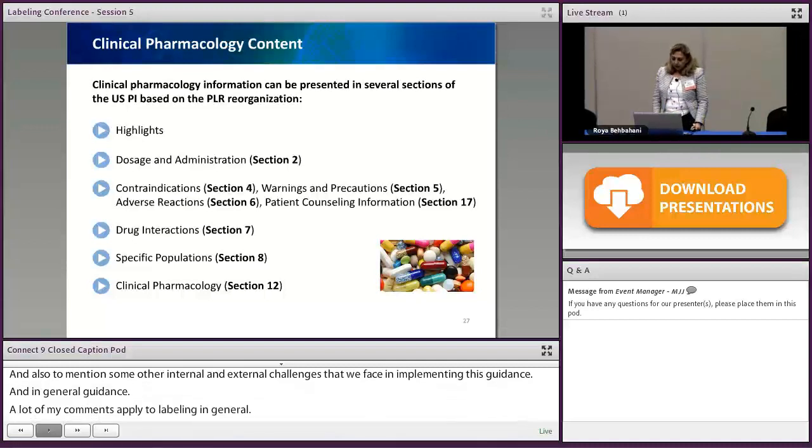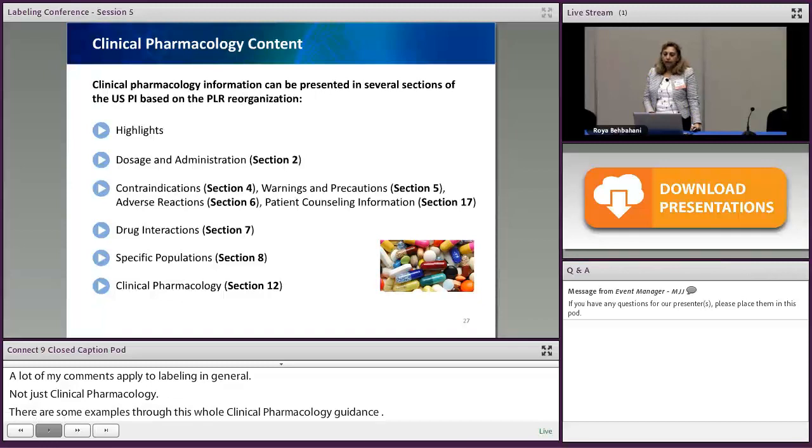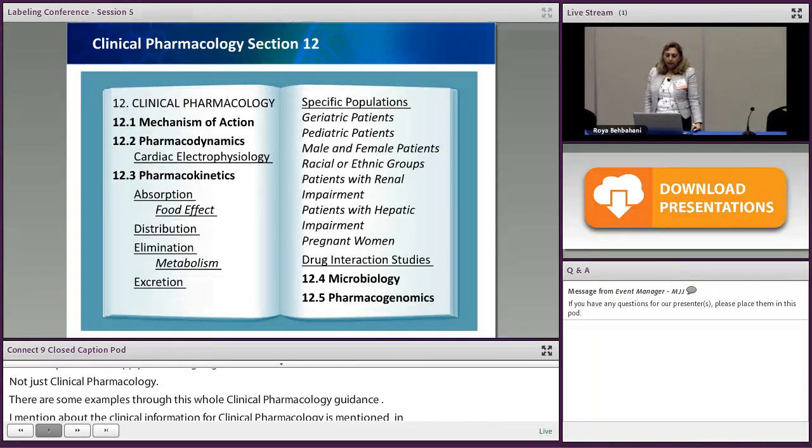So we saw that Joe went through this whole clinical pharmacology guidance and mentioned that the clinical pharmacology information is mentioned in many sections of the USPI based on the PLR reorganization, anywhere from the highlights to the clinical pharmacology.